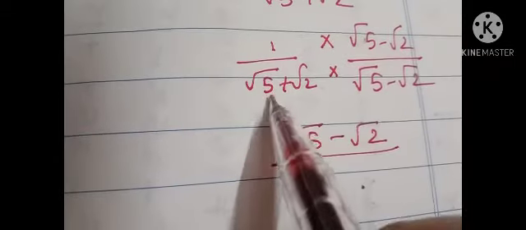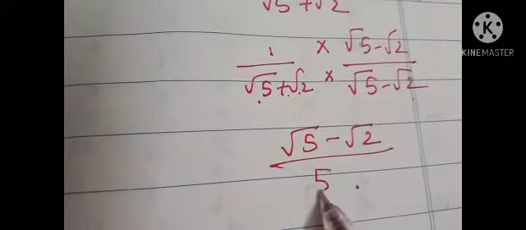The denominator becomes a plus b into a minus b, a square minus b square. So root 5 square is 5, root 2 square is 2, and between them a minus symbol. So root 5 minus root 2 by 3. 5 minus 2 is what? 3. So this is the answer.